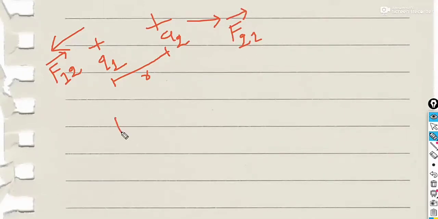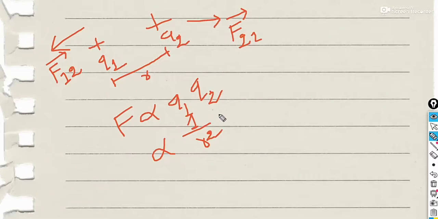So according to Coulomb's law, the force is directly proportional to the product of the charges, here q1 and q2 as in the pictorial explanation, and inversely proportional to the square of the distance between them. Here the distance is r. So the force is directly proportional to q1 q2 and inversely proportional to r square.